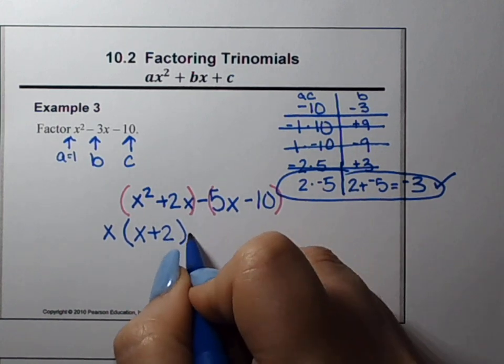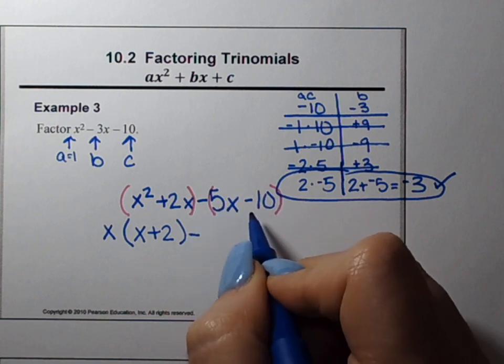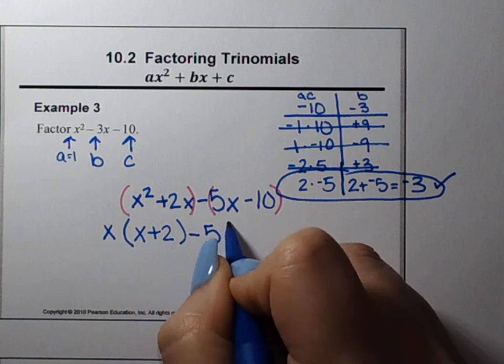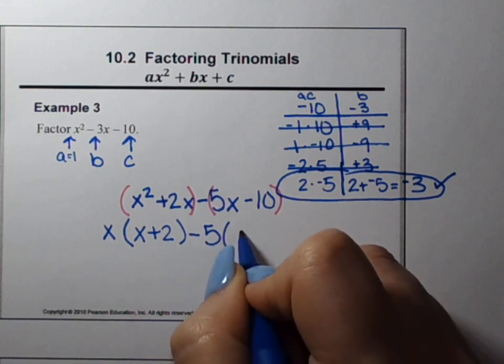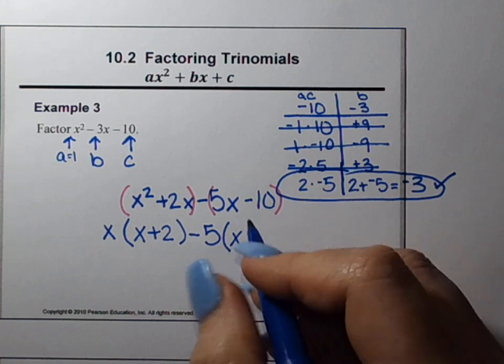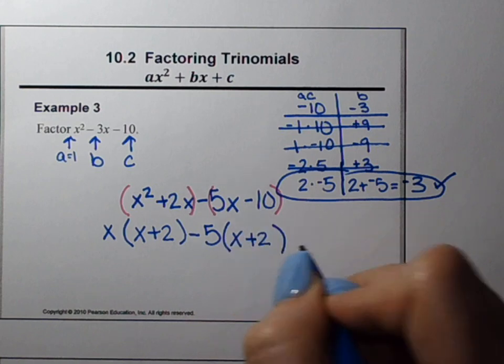Now I'm going to pull that minus sign down, and I need to factor out the GCF here. So my GCF here is going to be a 5. So negative 5 times x will give me negative 5x, and a positive 2 times negative 5 would give me a negative 10.